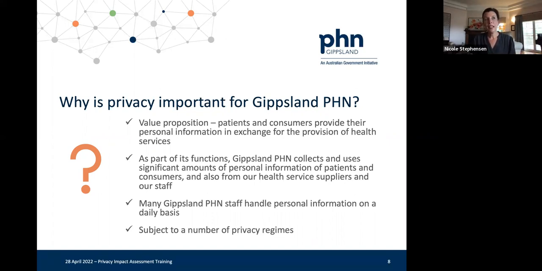And finally, you are subject to a number of different privacy regimes in the PHN, and that can make things a bit confusing, right? So if you only think about privacy in terms of compliance, what if you miss something?